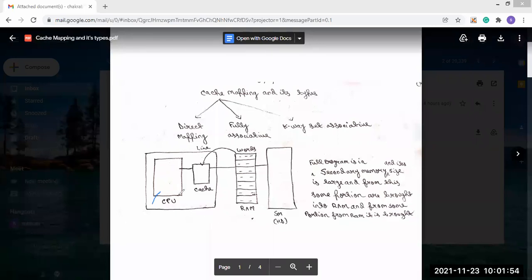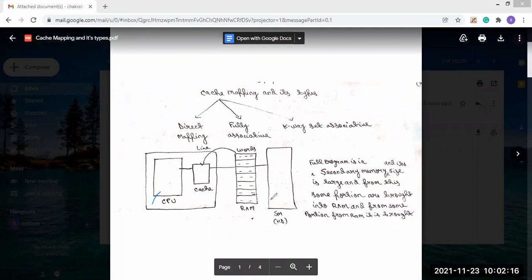So this is the internal architecture of any of our systems.